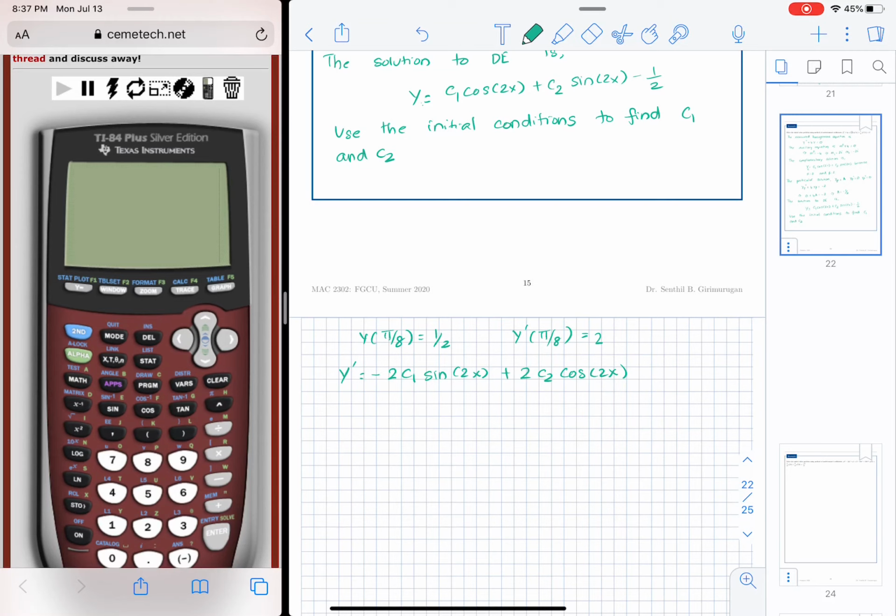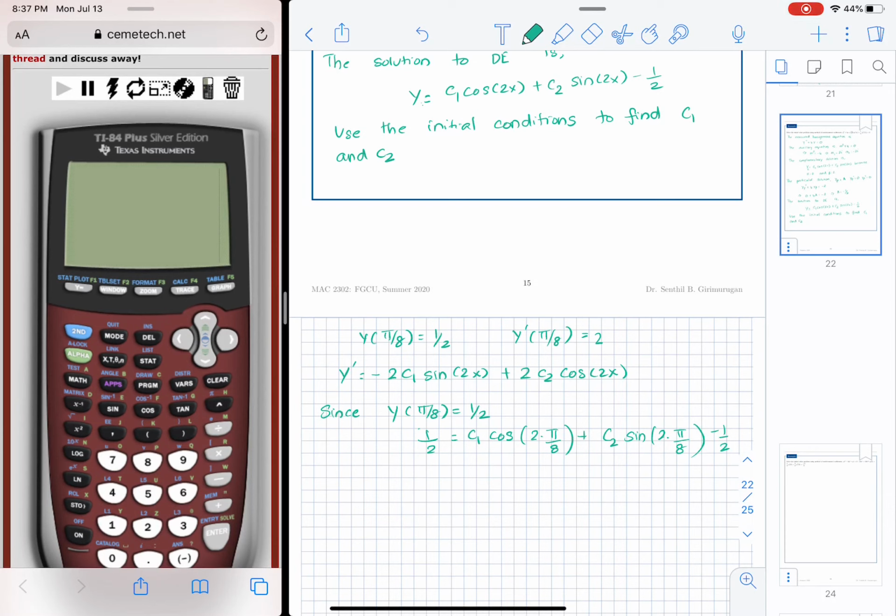So using the first condition, one half would equal c1 cosine 2 times pi over 8 plus c2 sine 2 times pi over 8 minus 1/2.